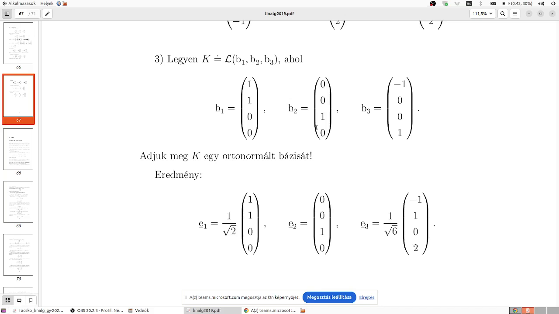And the vector is 1, 1, 0, 0. Okay, and then 0, 0, 0, 0, 0, 0, so that's 0. So this is minus 1. This is the first. Minus, minus, plus.